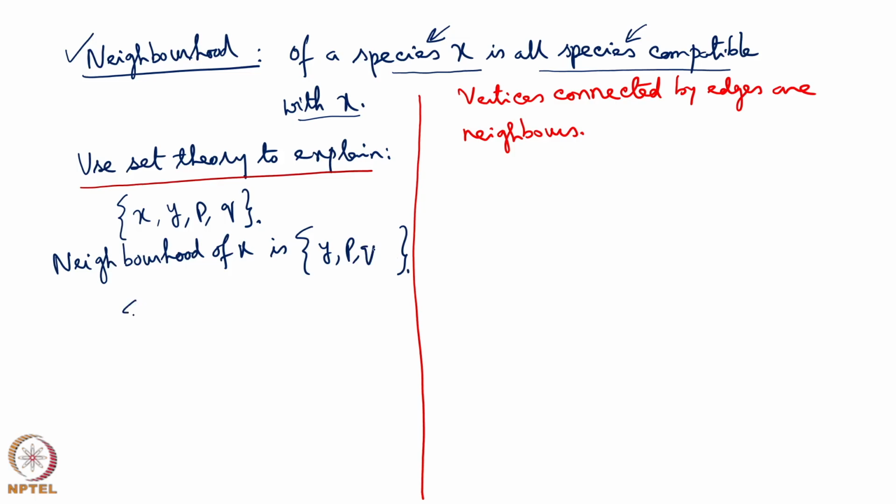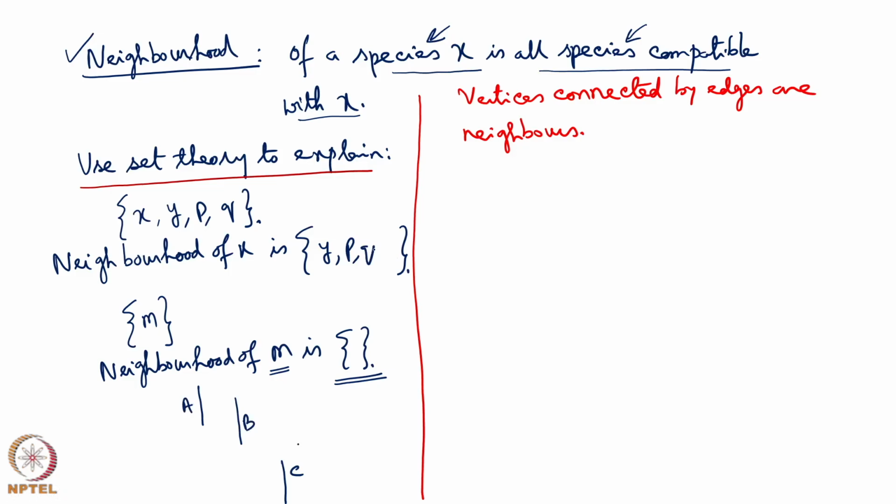If we find there is a species M, and when M is occurring no other species is occurring, then we write the neighborhood of M is the null set. So, if the neighborhood is represented by a null set, that means that species occurs alone. When it was there, no other species was found. I have given the distribution of species A, B and C in time.